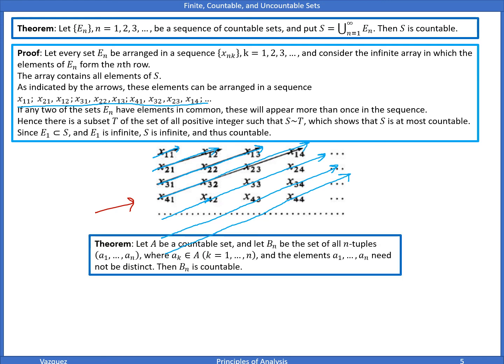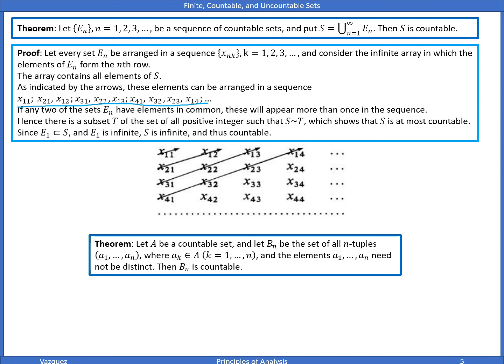We have some little theorems that come with it. The proofs aren't too important for understanding of analysis, so I'm just going to mention the theorem. We also have a corollary. This one says let A be a countable set, and let B sub n be the set of all n-tuples (a sub 1, ..., a sub n), where a sub k is an element of A. The elements a sub 1 to a sub n don't need to be distinct.